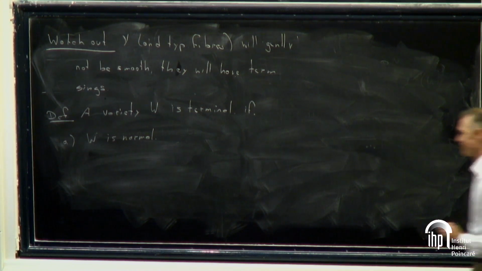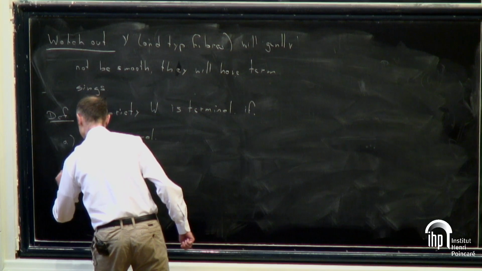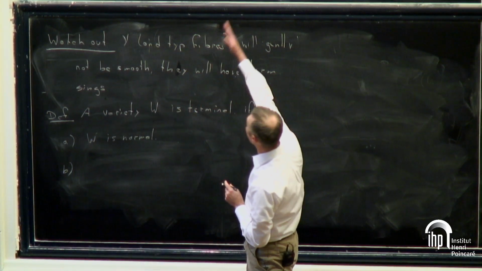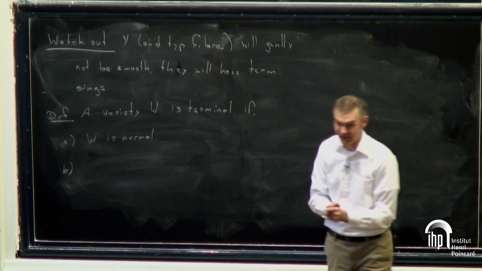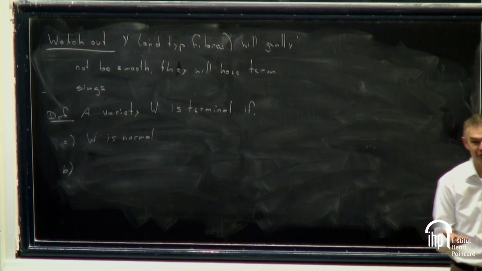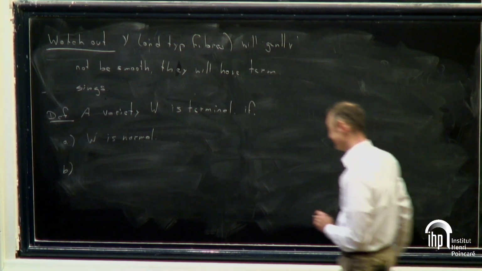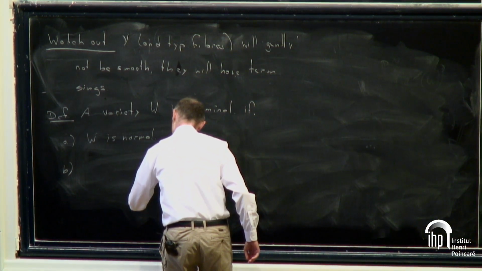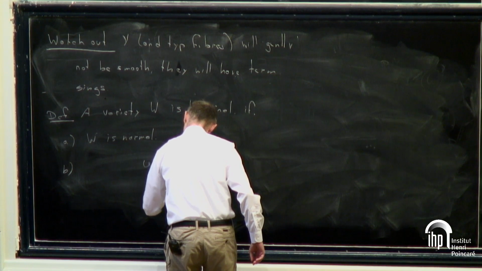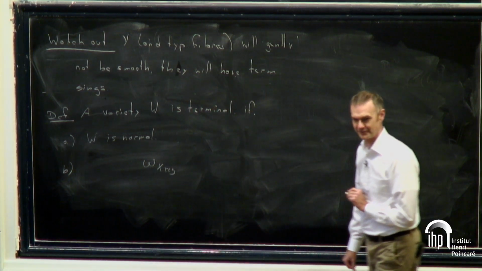Then secondly, the definition of Fano already involved this line bundle of holomorphic top forms. Now I'm on a singular space, and I would have to define what holomorphic top form actually means. This is maybe not so obvious, but part of the definition is that for terminal spaces, this problem goes away. Namely, I look at the bundle of holomorphic top forms, but only on the smooth locus.